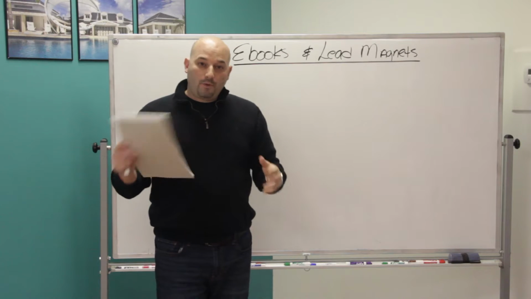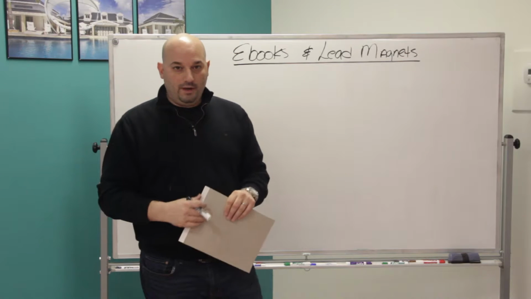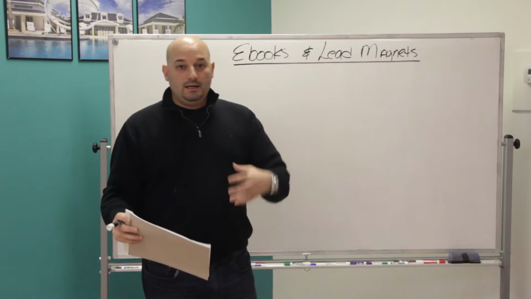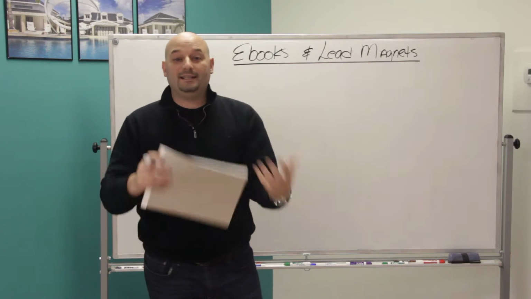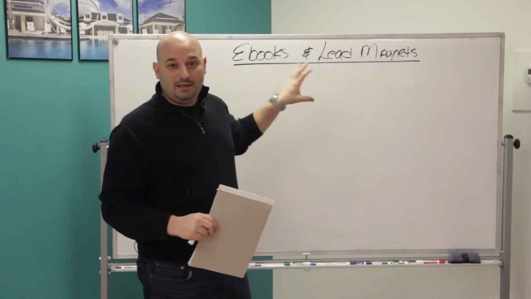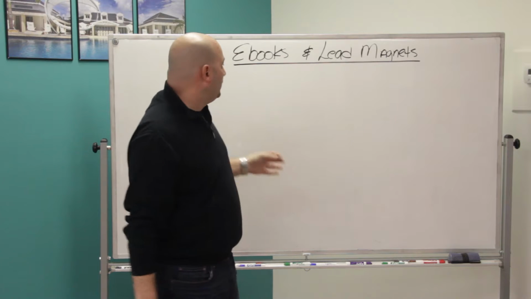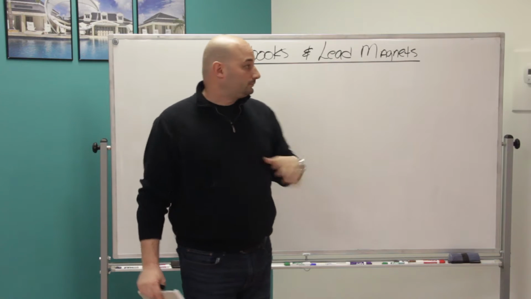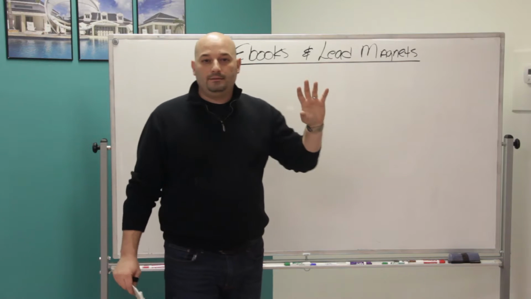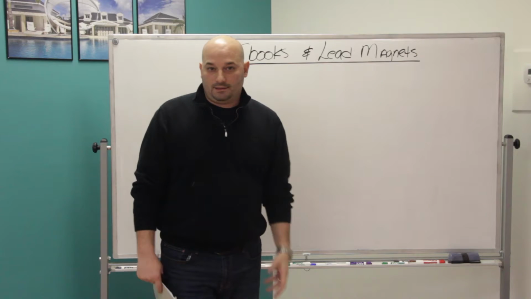Now, the problem is that everybody wants your email. So as we go on, it gets more difficult for people to be willing to give you their email. So what you have to do is give them something in exchange for their email address. For example, if I said to you, I'm going to give you my ebook on how to lose 10 pounds in 25 minutes, right?